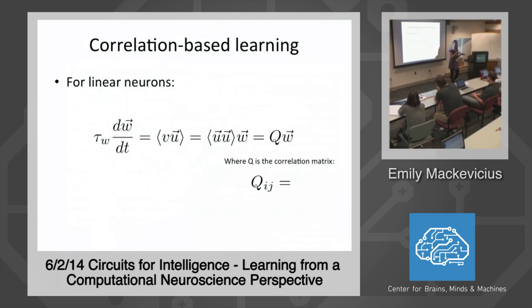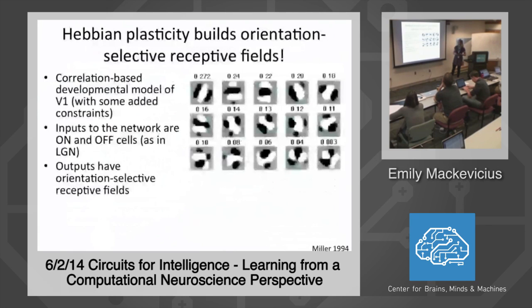Here, in a paper by Miller in 1994, they built a network based on these types of rules, the correlation-based rules, and the inputs were the type of responses you would see in the visual thalamus. They're building a model of V1 just based on Hebbian plasticity, so wiring up based on the correlations between the inputs, and these are the receptive fields that their network developed.